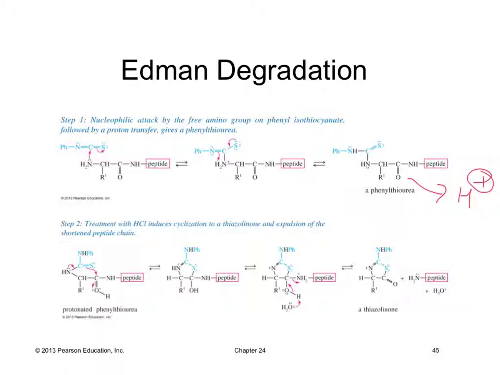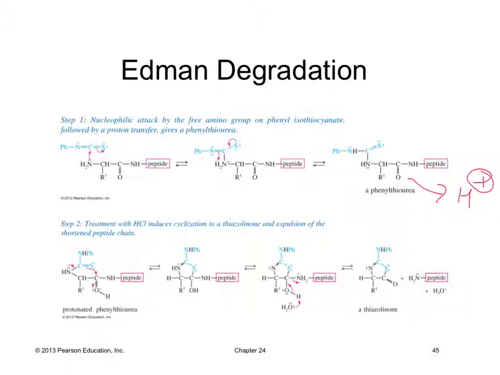And so once you generate that, you have this cycle, which then undergoes some rearrangements, in which you have water react with the hydrogen, electrons go to the oxygen, and then this kicks this off. This forms a thiazolinone, and essentially removes it from the rest of the peptide.